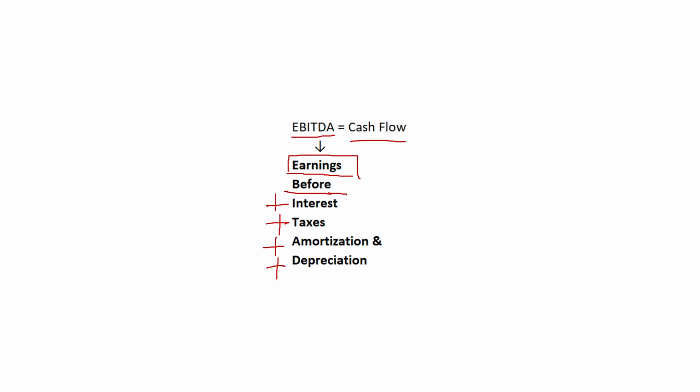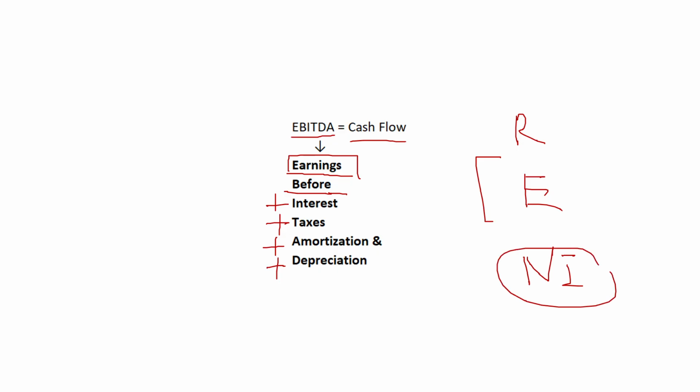Okay, so if you recall, and I don't have it drawn up here, revenue was at the very top, and in the middle you have a lot of expenses with different line items, and at the very bottom you have net income or earnings. So I'll just call it net income at the bottom. Net income is earnings. So you're taking this and adding four things in the middle, and that will give you EBITDA.